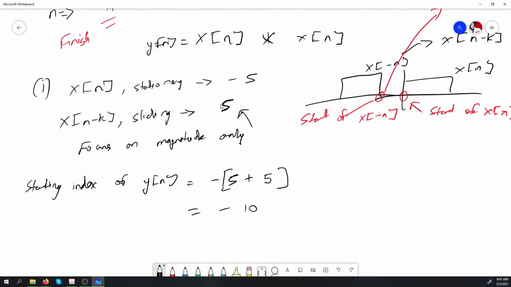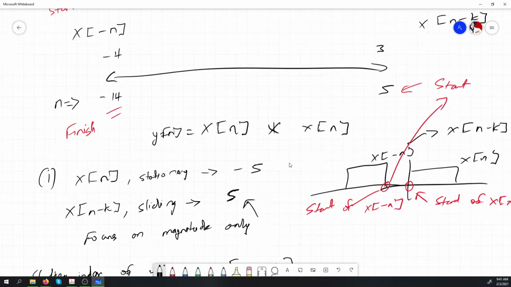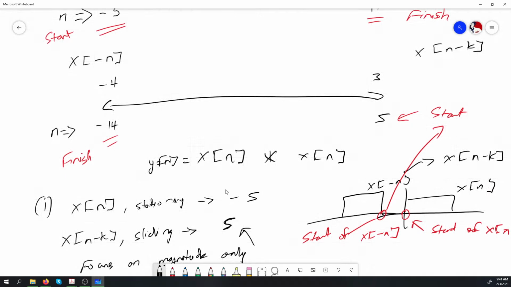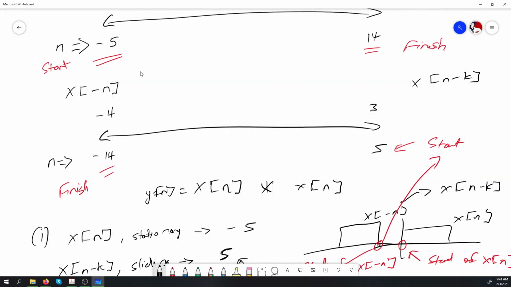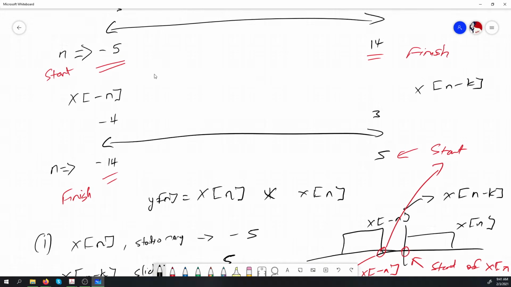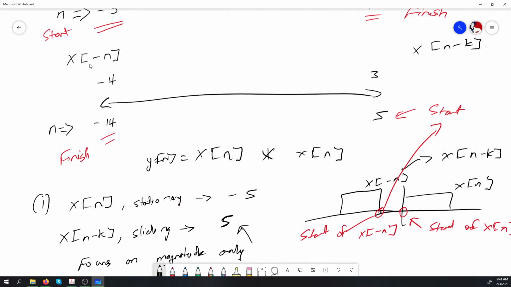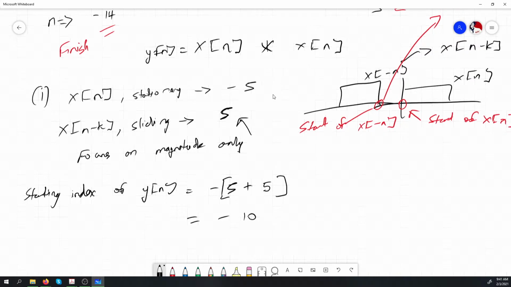We only need to focus on the magnitudes for our start points, and we factor in the negative sign later on. The start point for x of n is at -5, but the start point for the sliding signal x of minus n, or x of n minus k, is 5. Focusing only on the magnitudes, we add the two together, 5 plus 5 is equal to 10. But for the stationary signal the start was negative, so we factor in that negative. As such, we get a starting index of -10.